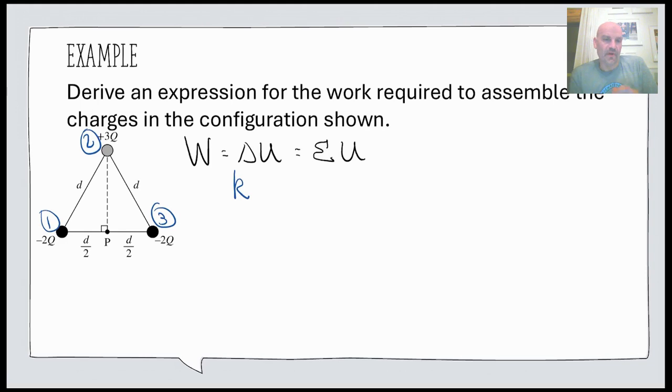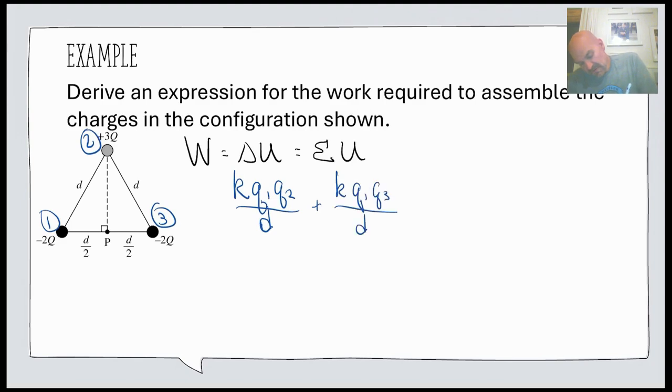So we have K Q1 Q2 over D plus K Q1 Q3 over D plus K Q2 Q3 over D. They're all over D, even though down here it says D over 2, because D over 2 plus D over 2 is simply D.